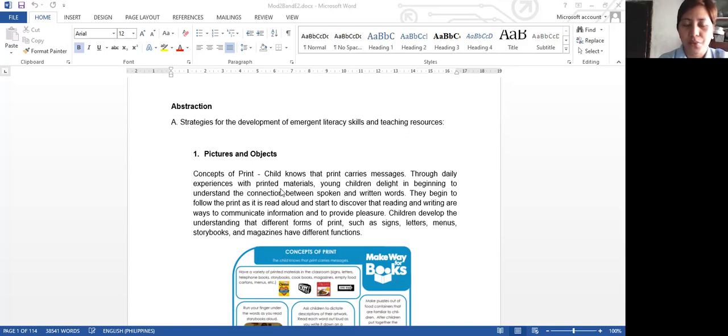But of course, with these strategies in the module, we can relate this to our major. Going back to the meaning of emergent, these are beginners. Those who are just about to learn something are considered emergent learners.